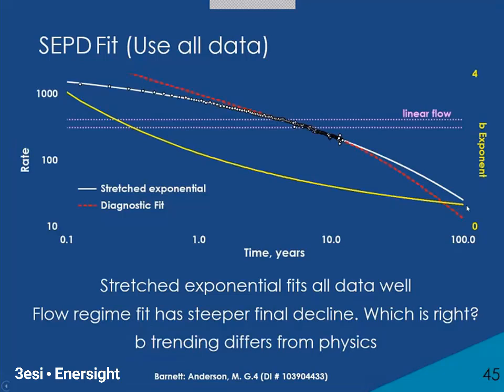So the reason the stretched exponential curves down at the end is because you've included, I won't call it bad data in the sense that it's real data, but it's data that's been influenced by operational changes that the operator's done in producing the well. And so if there's no meaningful reason for that curvature, then I don't feel comfortable using that to predict how a well will perform.